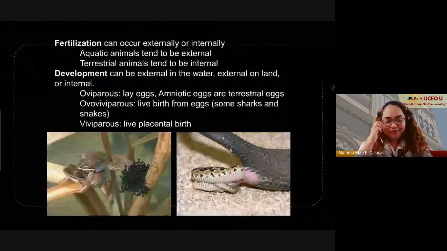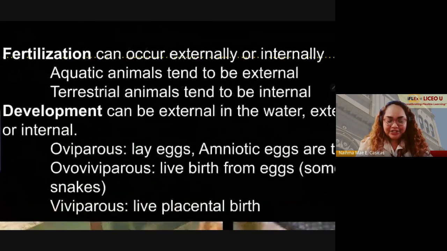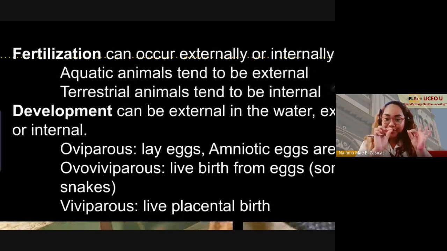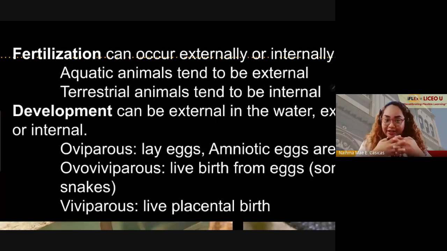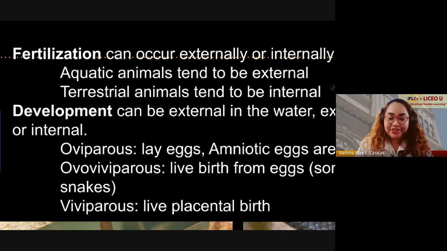Now let's go to fertilization and development. Remember what fertilization is. Fertilization is your sperm meeting with your ovum. The two fuse. That's fertilization. There are two types of fertilization, internal and external.